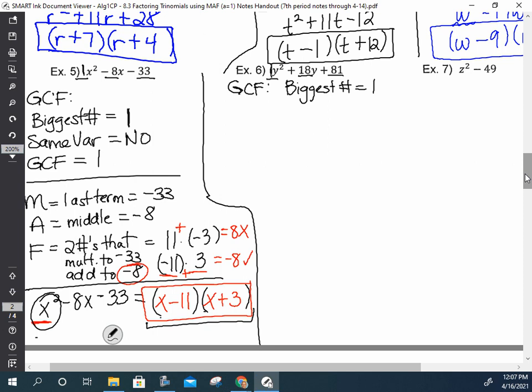Remember the trick I told you. If any of those numbers is a 1, then the biggest number is 1. Do they have the same variable? No, because 81 doesn't have a y in it. So your greatest common factor is 1.